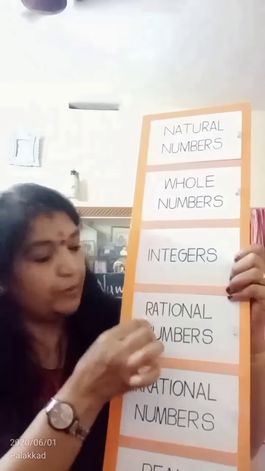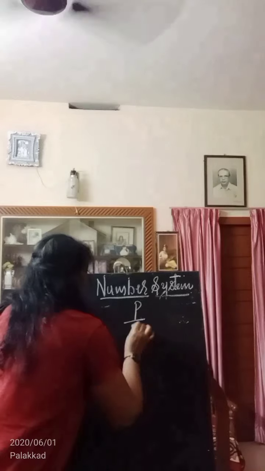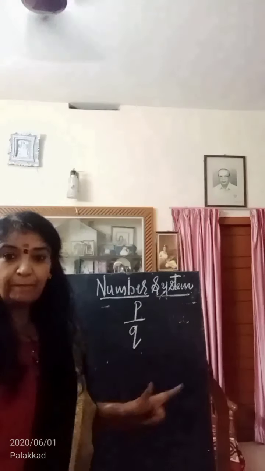Now I am explaining the definition of a rational number. What is a rational number? A rational number is a number which can be written in the form of p by q, where p and q are integers, q not equal to 0. Such numbers are called rational numbers.